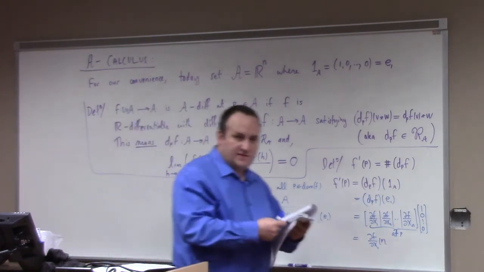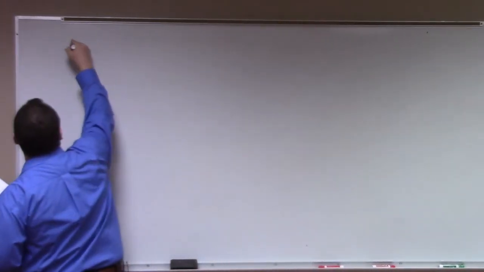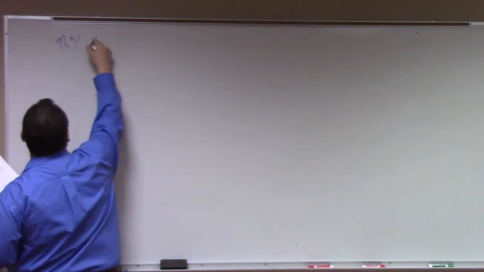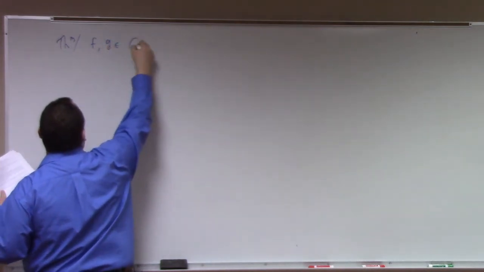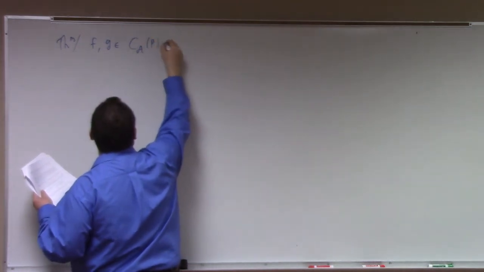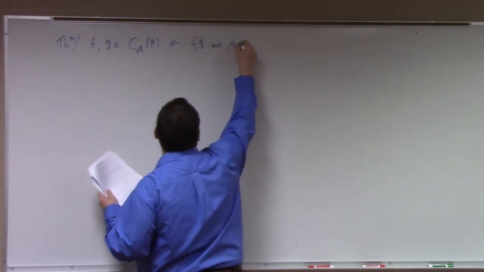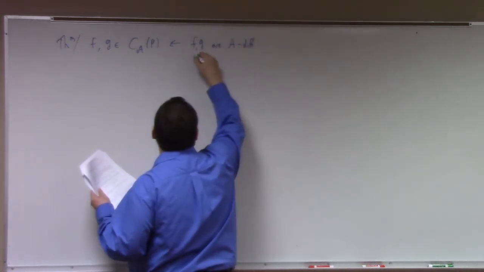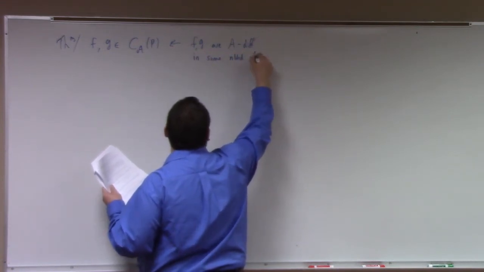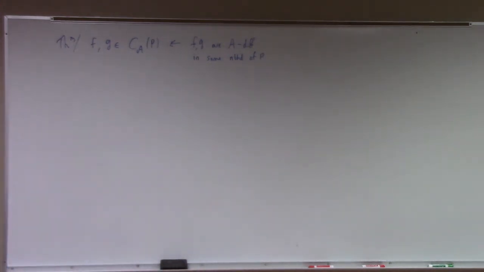All right, so what are the properties of differentiation of the algebra? There are lots of familiar properties. If f and g are in C sub a of p, a symbol I use in my paper, this means that f and g are differentiable in some neighborhood of p, so they're differentiable near p.